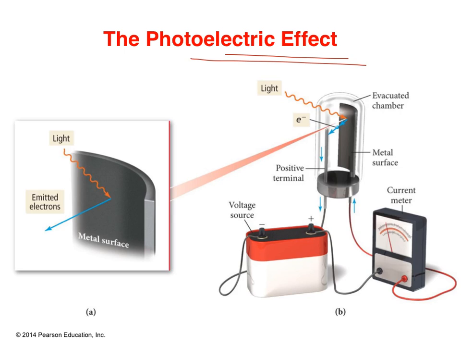So what is the photoelectric effect? Very briefly, if light shines on a metal surface, electrons are emitted out of it. According to classical theory, a lower intensity of light will not make the electrons get emitted faster.